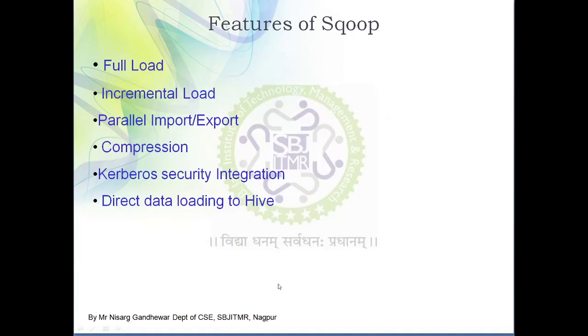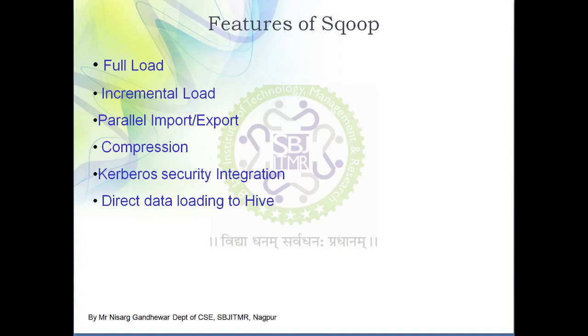Now what are the features of Sqoop? There are various features. Full load means you can schedule a full load, that means you can transfer all the tables from your relational database to your Hadoop HDFS. Then incremental load, that means suppose you want to transfer only the changed part, only some part of the table, that is also possible.